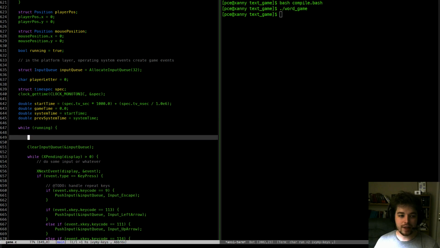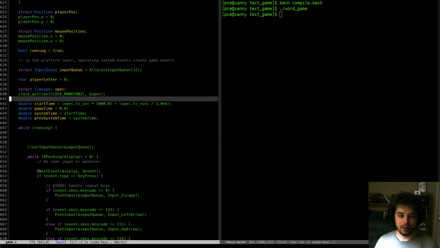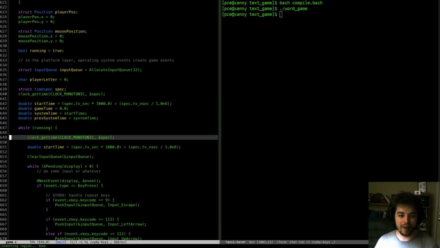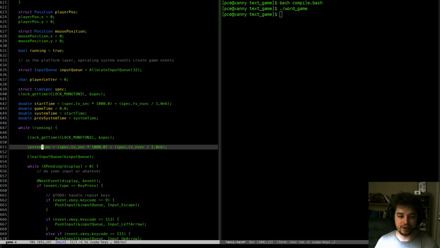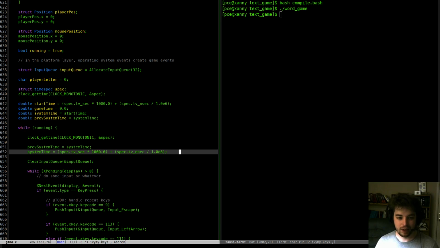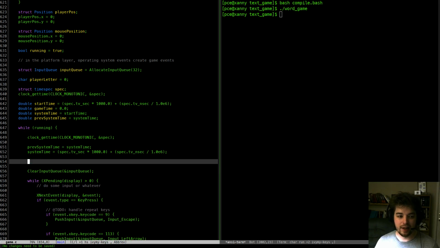And every time through when we're running, we are going to do this part again. But rather than changing start time, we're going to set the system time. And we are going to take the previous system time and set it equal to the system time before we change that value. And we can go ahead and say that our game time is going to equal system time minus start time.